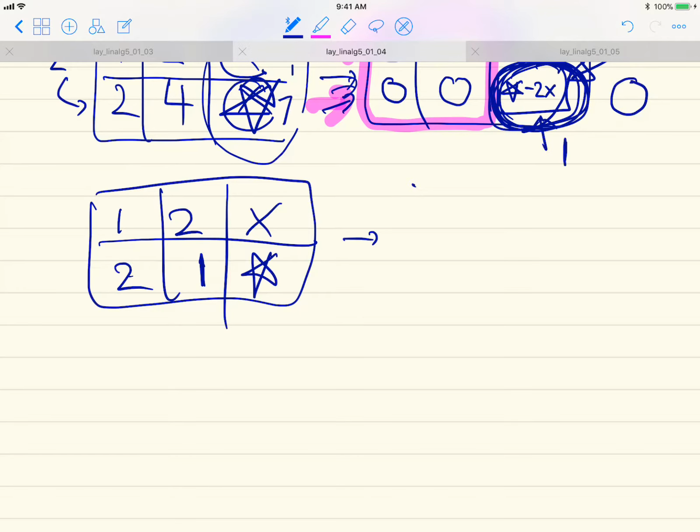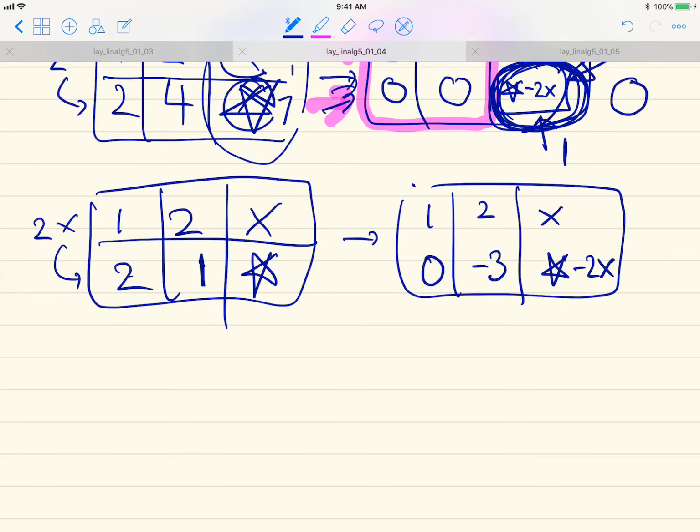And then we will do the same thing: multiply by 2 and subtract it from the second row, and then 0 and what? Minus 3, right? So this one will be our echelon form, right?